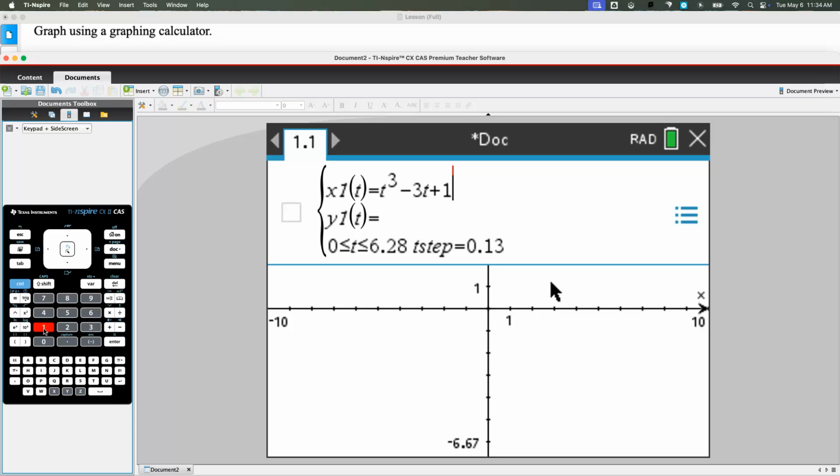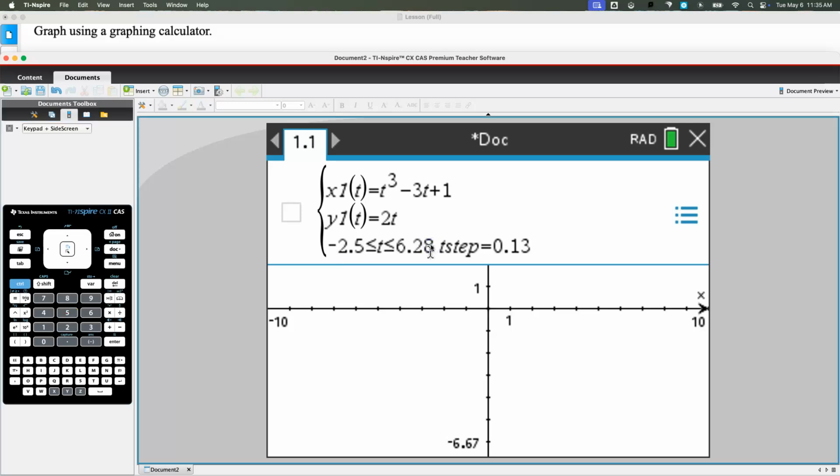Our y function is 2t. So we scroll down here to 2t. Then it said to graph t over the interval negative 2.5 to 2. So I have to change my t values here to negative 2.5 and this one to 2.